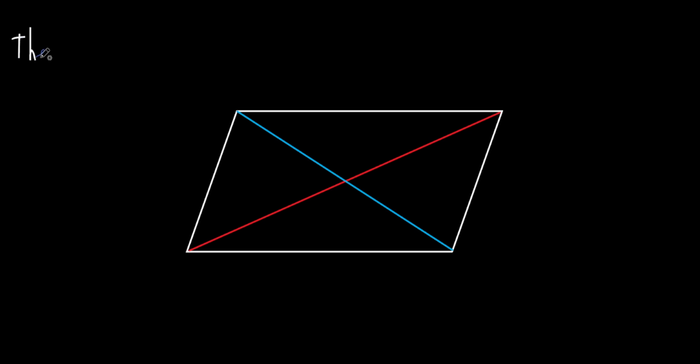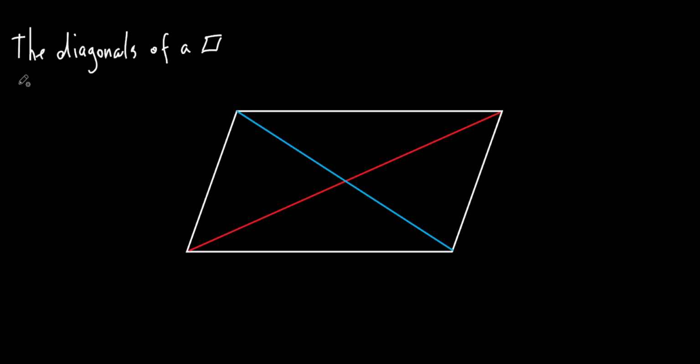All right, so here is what the theorem says. It says that the diagonals of a what? What's this white thing right here? Of a parallelogram, right? So the diagonals of a parallelogram. Now, this is something that you may not have guessed, but if you see it and then look at it, you're like, yeah, that kind of makes sense.